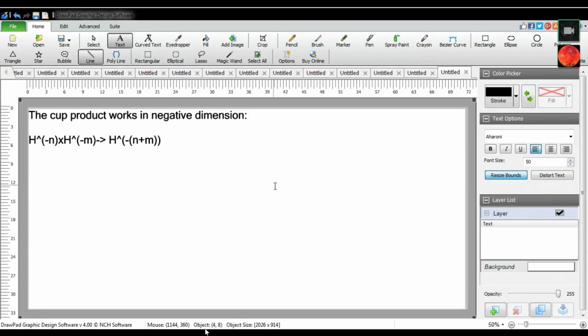But we know that the negative Tate cohomology is just the homology with an index shift, and we conclude from this that this is a map from nth homology and mth homology into the (n plus m plus first) homology. This is a weird map, but this map actually has a geometric interpretation. I'm just going to link the paper in the chat.